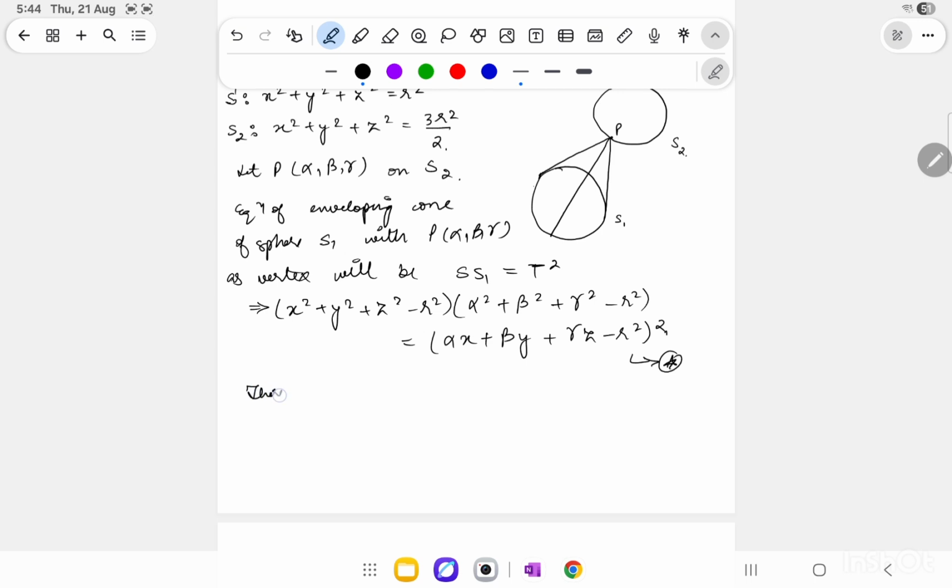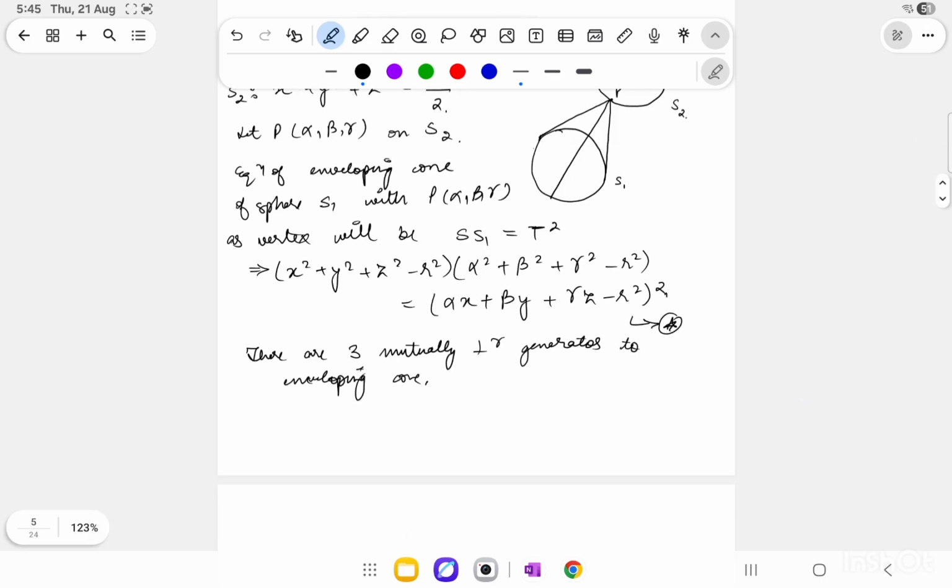So there are three mutually perpendicular generators to the enveloping cone, and we know that these three mutually perpendicular generators are possible if and only if the sum of the coefficients of x square, y square and z square is equal to 0.